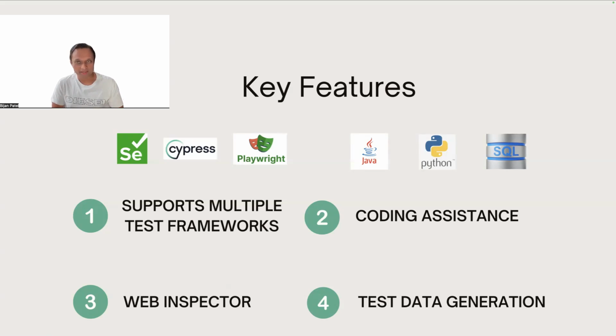Now, there are some AI-related features also which can be used for test automation. So it can help you basically build your test automation code inside Aqua. And apart from this, there are a lot more features, and we'll see all of them when we start using Aqua. So now let's go ahead and look how we can set up this IntelliJ Aqua in our system and how we can get started with this particular IDE.